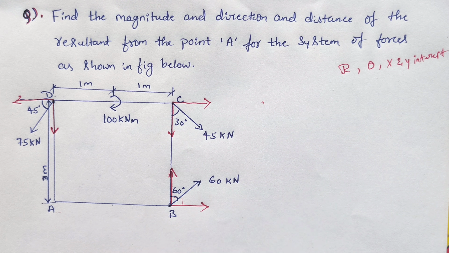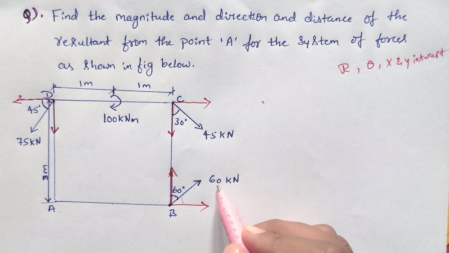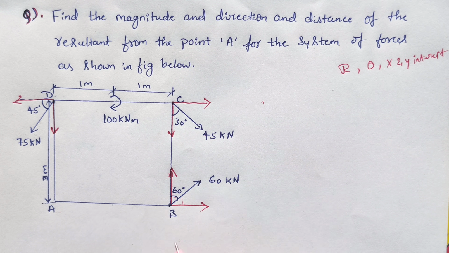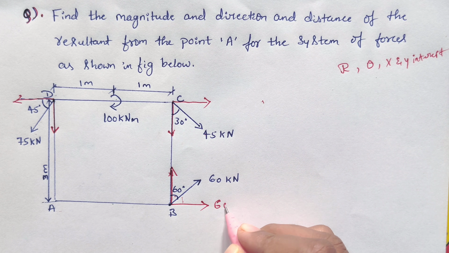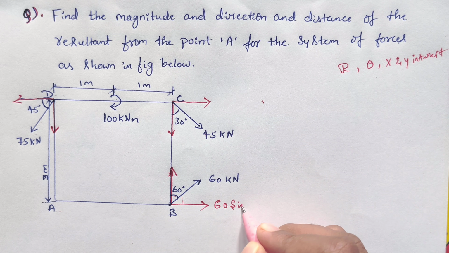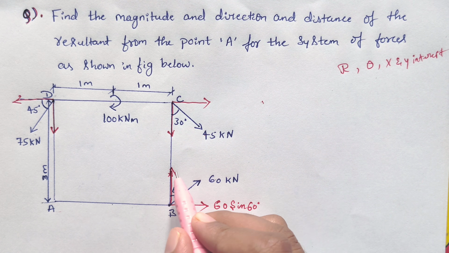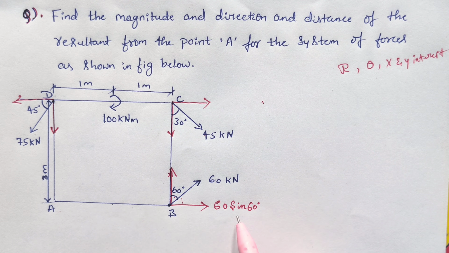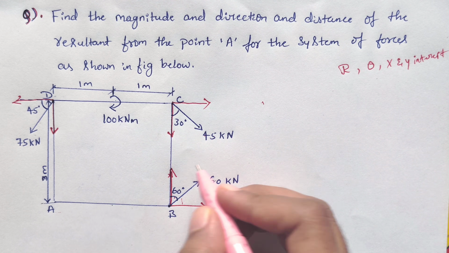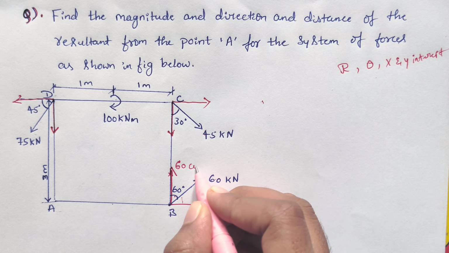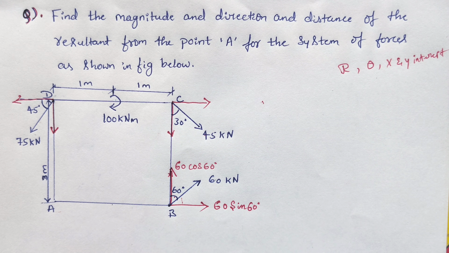So for this force, just say 60 kilonewton. So it will be 60 sine 60 degree. Similarly for this, if this is sine, this will be cos. That is 60 cos 60.